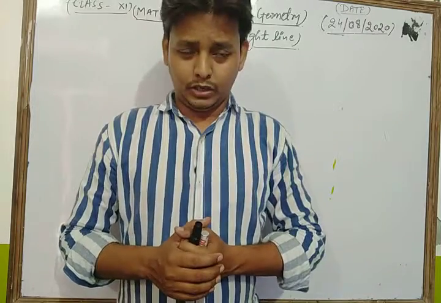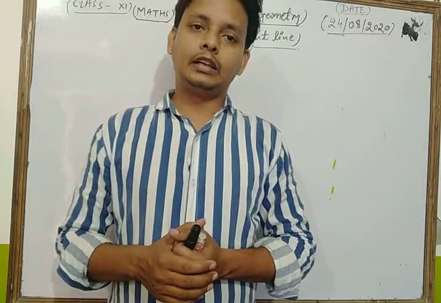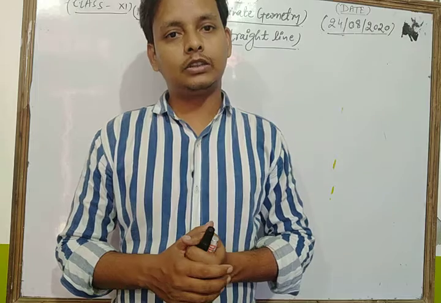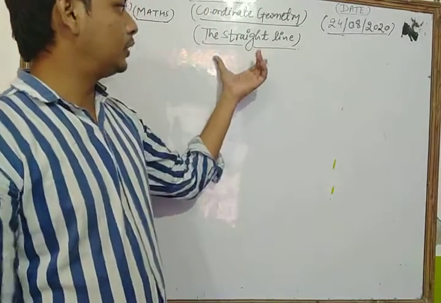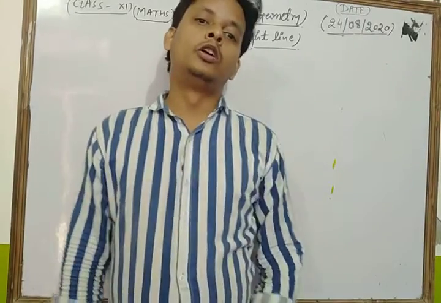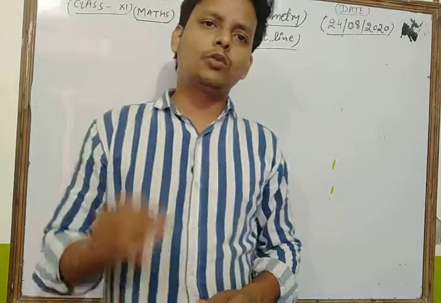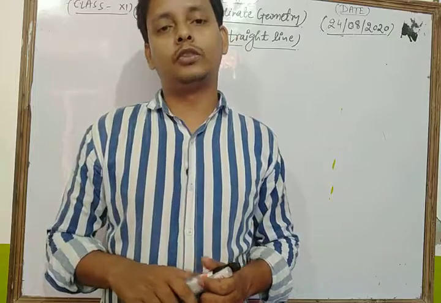Today, dear students, the first chapter of that unit is the straight line. So today we are going to discuss the straight line. First, we discuss the concept of a straight line. What is a straight line?